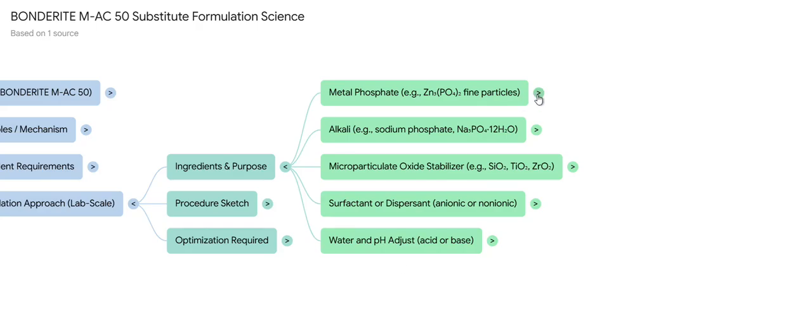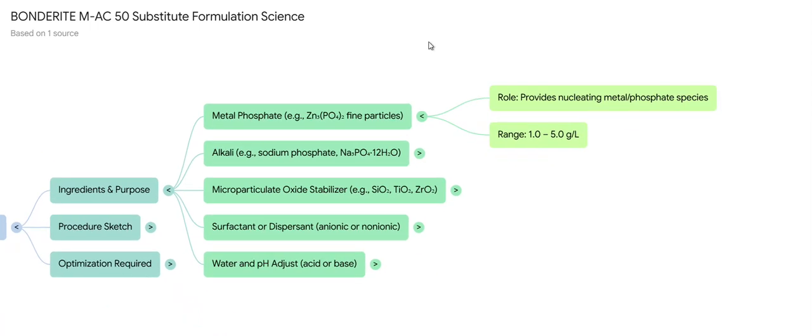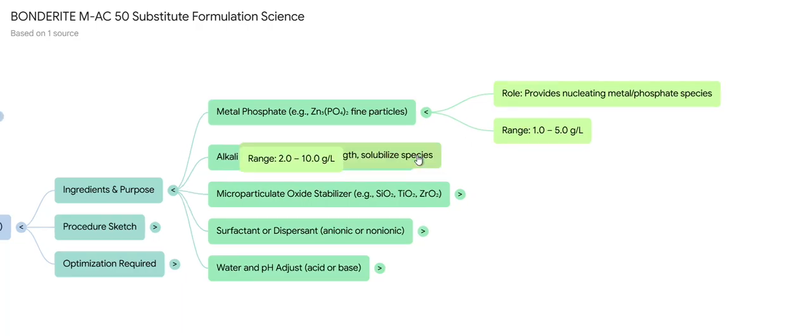Now, let us discuss the role of this metal phosphate. The main role is to provide nucleating metal phosphate species, and usually the range can be 1 gram to 5 gram per liter. Then sodium phosphate.